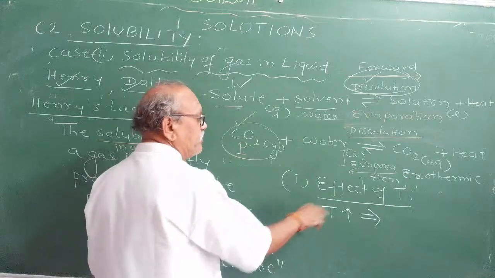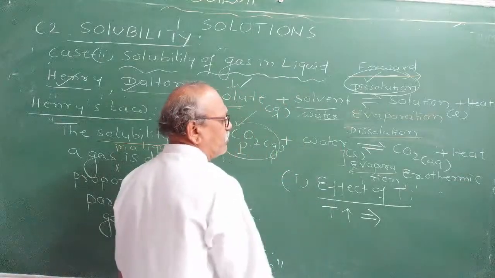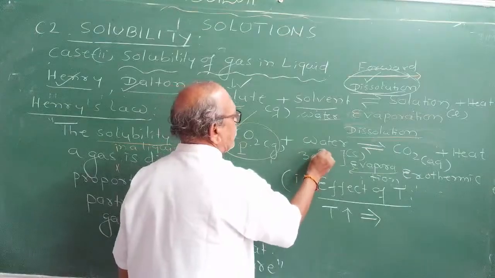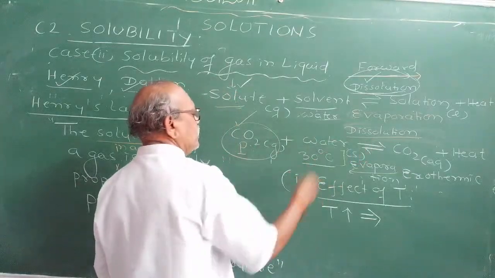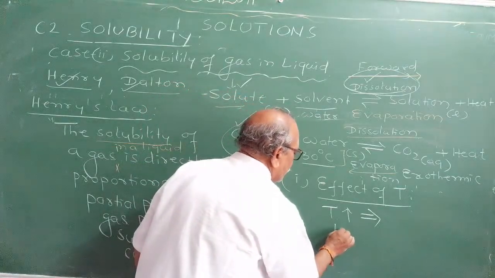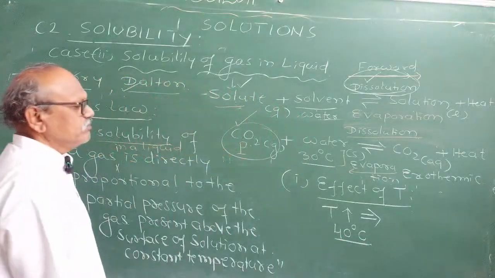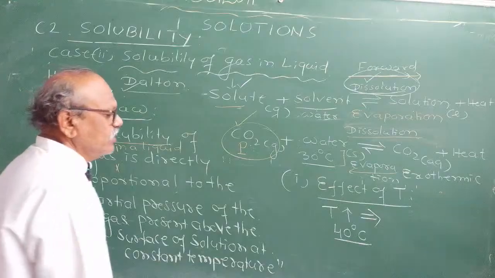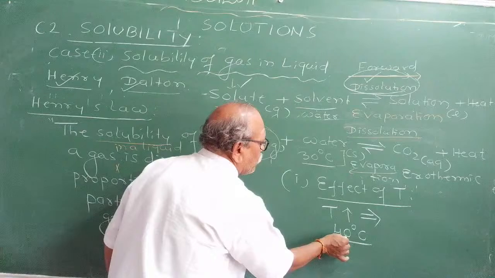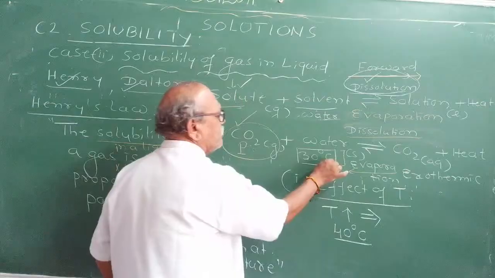Say our equilibrium is at 30 degrees centigrade, with carbon dioxide dissolved in water. In summer, if the temperature goes to 40 degrees centigrade, according to Le Chatelier's principle, the temperature should decrease back to 30 degrees centigrade.